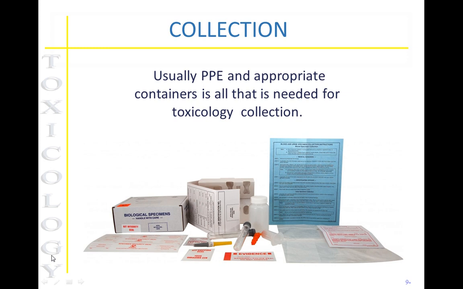Usually, laboratories will provide toxicology kits available to hospitals and police agencies that contain the necessary tubes and containers for the testings. Usually a toxicology kit will contain gray-topped blood tubes that contain either sodium fluoride or potassium oxalate. These tubes are used for blood alcohol testing.